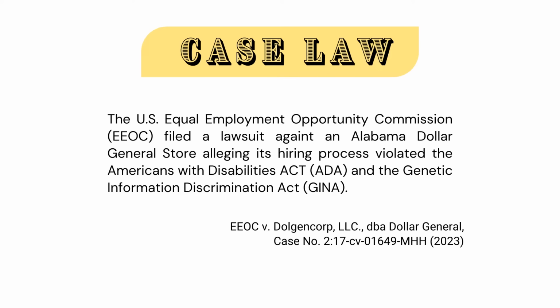LLC, doing business as Dollar General, EEOC filed a lawsuit against an Alabama Dollar General store. It alleged the store engaged in a hiring process that violated the Americans with Disabilities Act and the Genetic Information Discrimination Act. So let's look at some of EEOC's allegations that it grounded its lawsuit on.